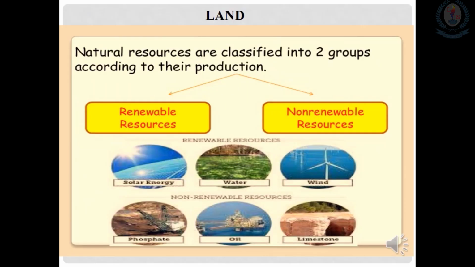In the previous slide, we learned land is a natural resource. Natural resources are classified into 2 groups according to their production: renewable resources and non-renewable resources. What are renewable resources? They are solar energy, water, wind.